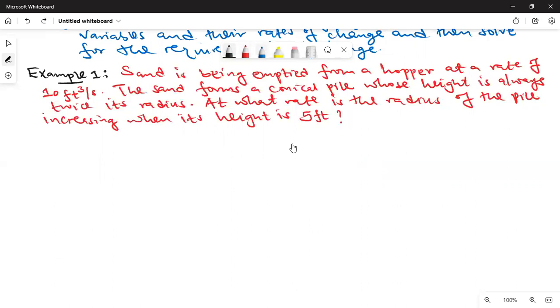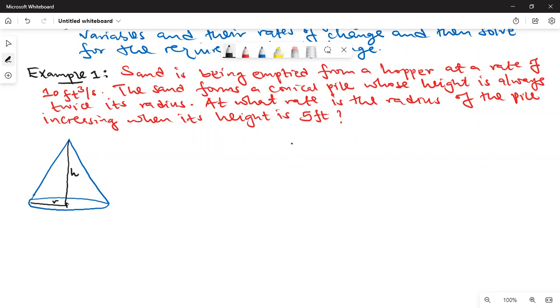So write here solution. We start by sketching the cone, the conical pile. Something like this. This pile has a radius r. Let the radius be r at any time t, and let the height be h.